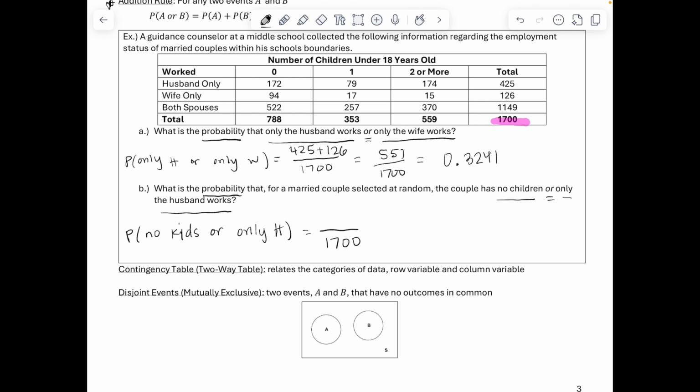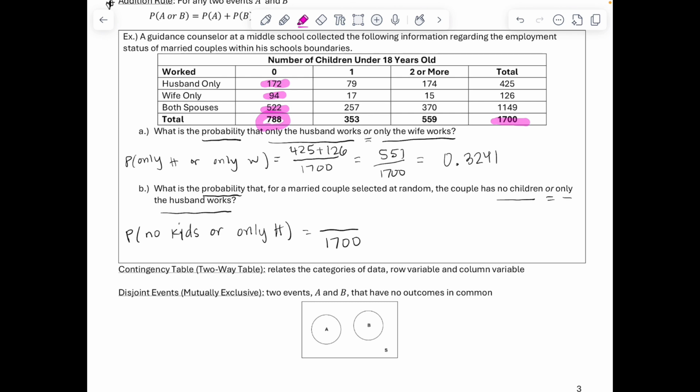And we're going to add up, and I'm going to go ahead and highlight. It says the people with no kids, and so that would be 172, 94, and 522, which is a total of 788. So we have a total down here that was given, plus only the husband works.